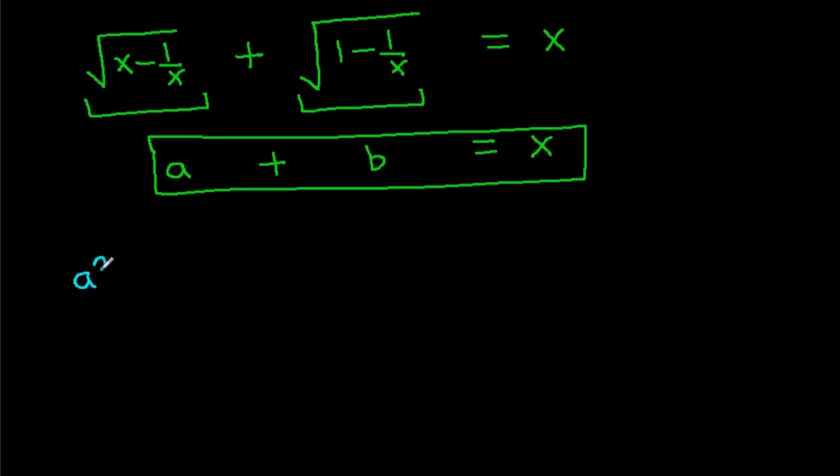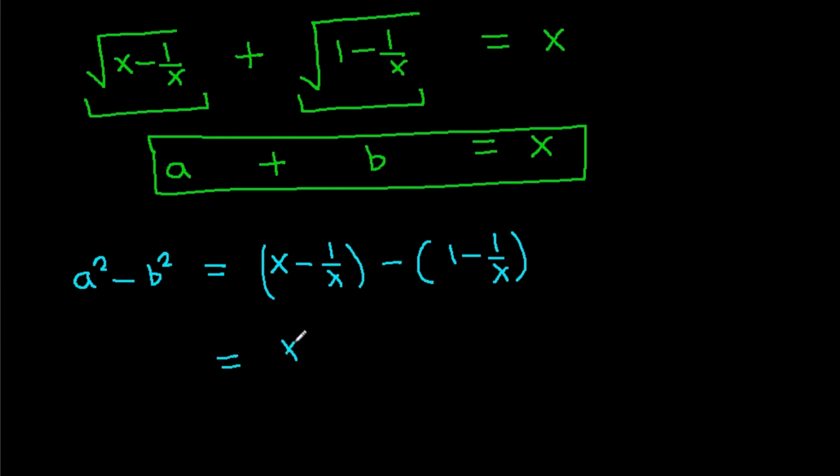So a square minus b square will be x minus 1 by x minus (1 minus 1 by x), and it is x minus 1 by x minus 1 plus 1 by x, and 1 by x will get cancelled.